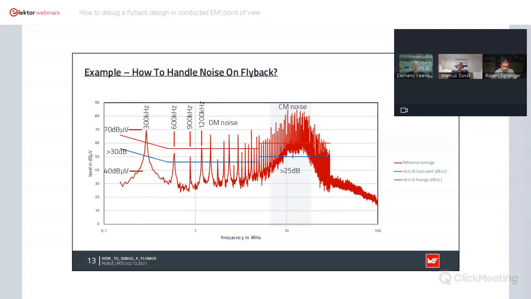At the end of the diagram, around 10 megahertz, you can see typical common mode noise overshoot. It's wideband, and this is the second one. On a galvanically isolated design, you very often have both noises together, with the same amount of noise.